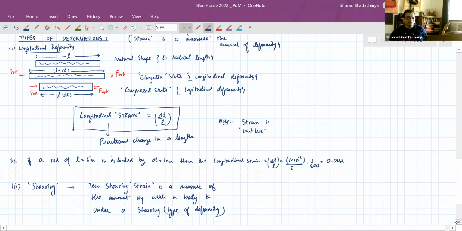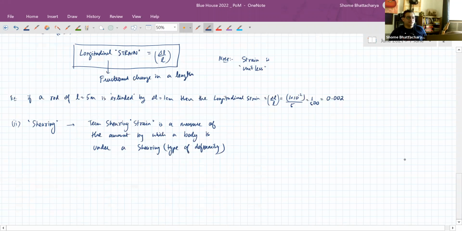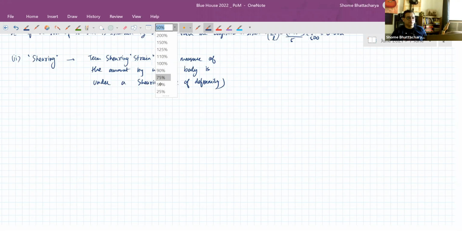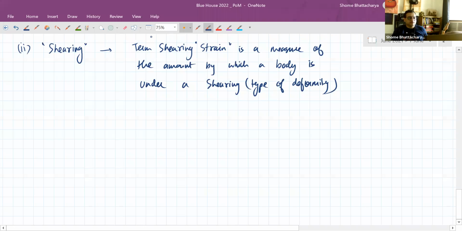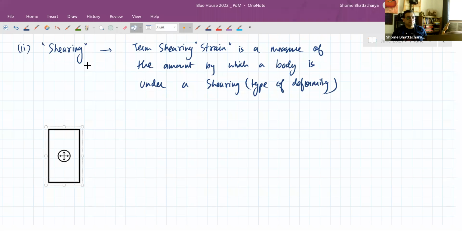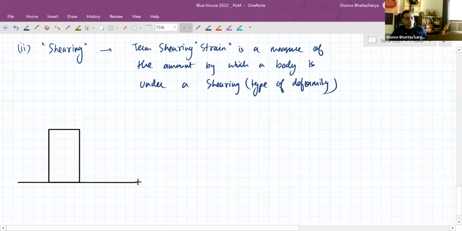So shearing is the term that we use when an object bends from its natural shape. One example I had already shown you earlier: you have an object like this, and then you subject it to some external force.